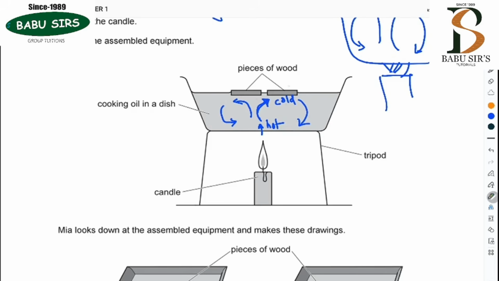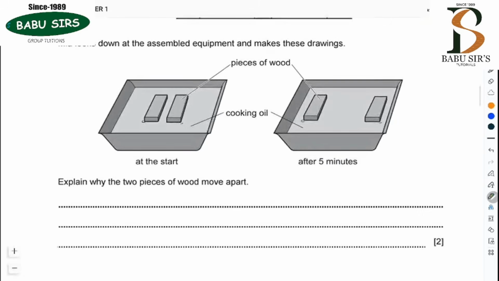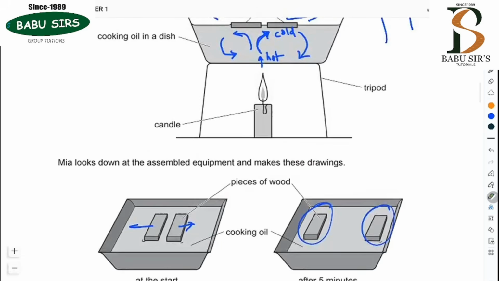So this type of movement will be there in the oil. Now because of this movement, this will be pushed here and this will be pushed here. And because of that, you can see these wooden pieces move here and here, which is an example of why tectonic plates move. To explain why the two pieces of wood move: they are moving because of these currents.